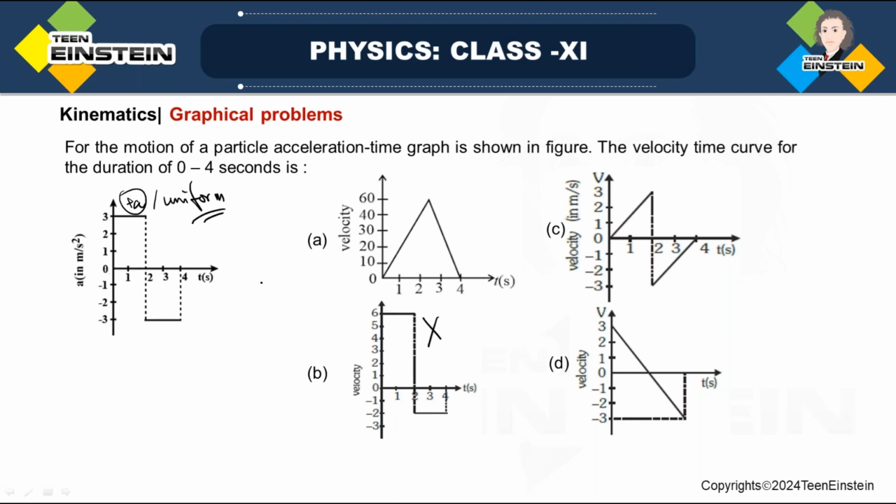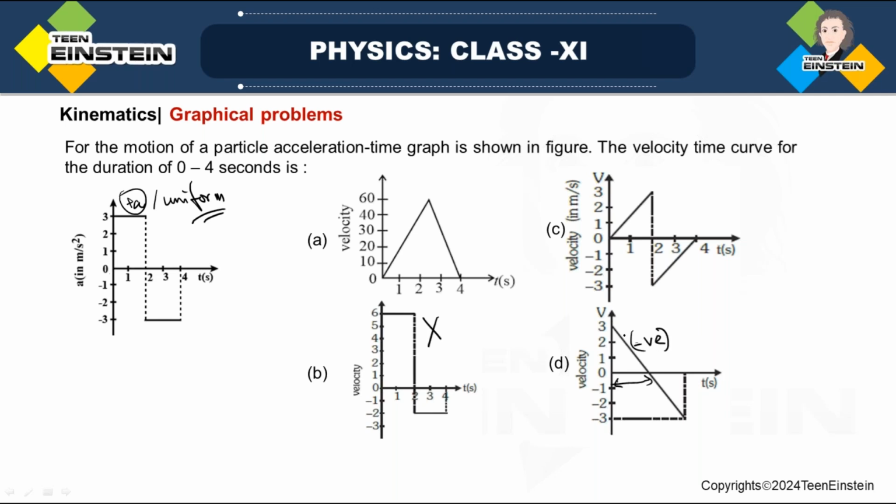Because there is acceleration, right? But here acceleration is 0 according to this graph. Now let us go to the next. See this option D, up to 2 seconds. Acceleration is constant with a positive sign, so velocity should increase, but here velocity has a negative slope.